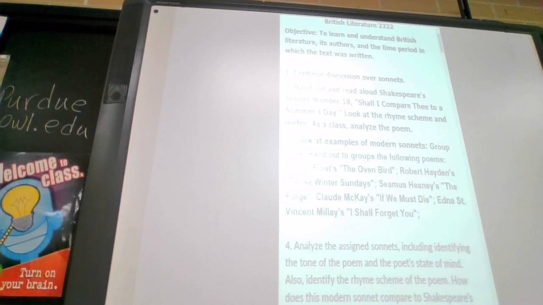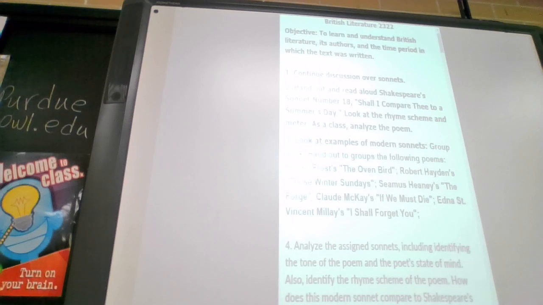Youth does not last, and at some point, as you grow older, you start losing your looks. "By chance or nature's changing course untrimmed." So nature's course is just part of nature. You grow older, your complexion dims, you lose a lot of your attractiveness.